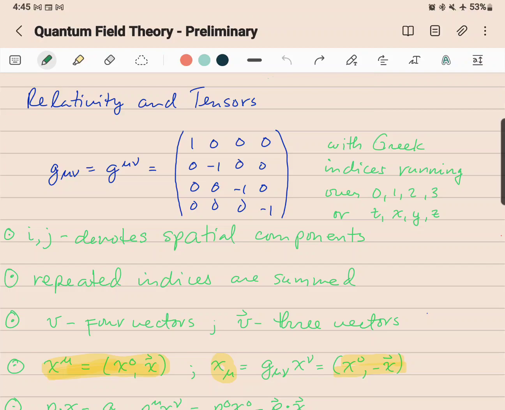So you have the first component, which is associated with the time. So you have 1, and then for the other 3 diagonals associated with space is negative 1. So you have a metric that has indices g mu nu below and g mu nu above.